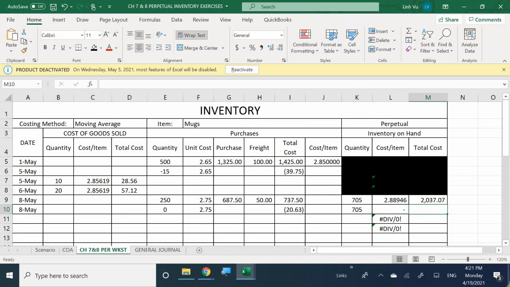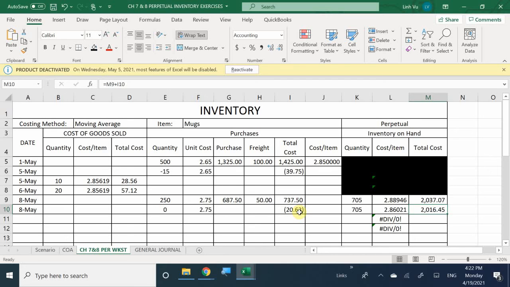However, my total cost has changed because I actually got some money back. I didn't pay for those black mugs at full price. I got a discount. So in this case, what's my new total cost going to be? 2037.07 minus 20.63 should be 2016.45.